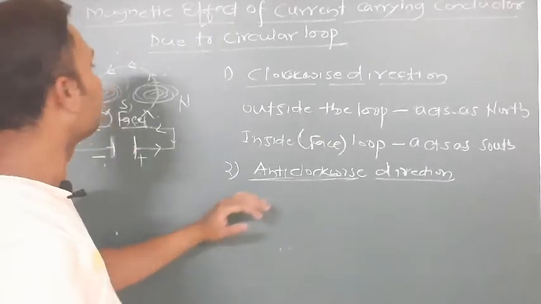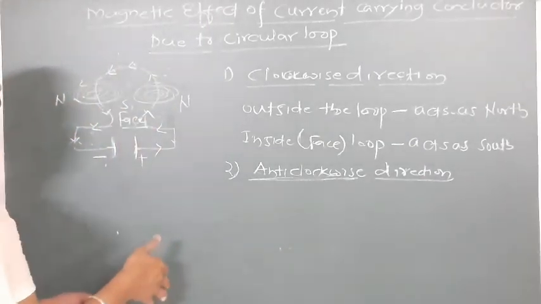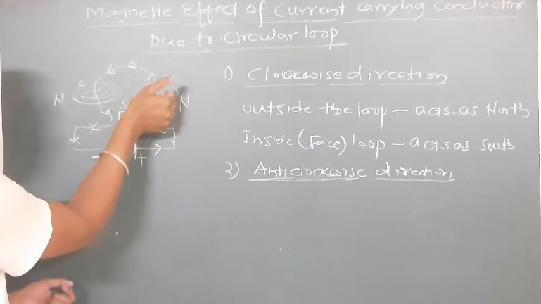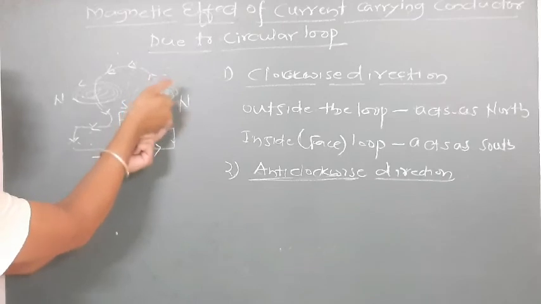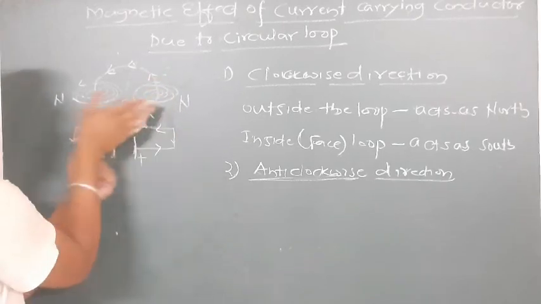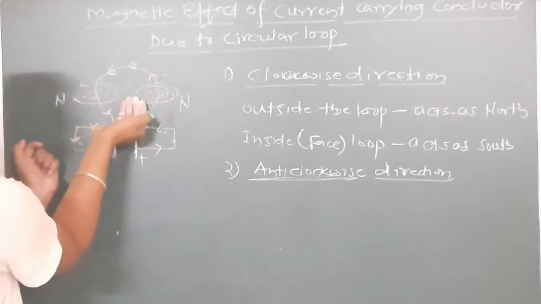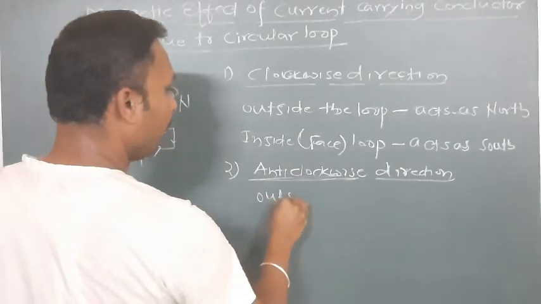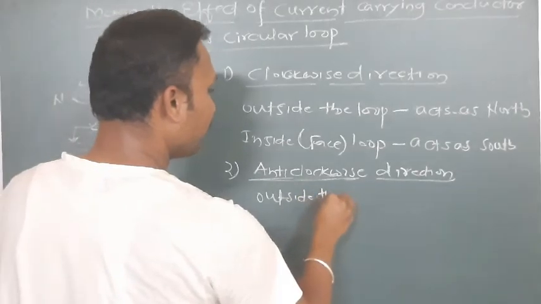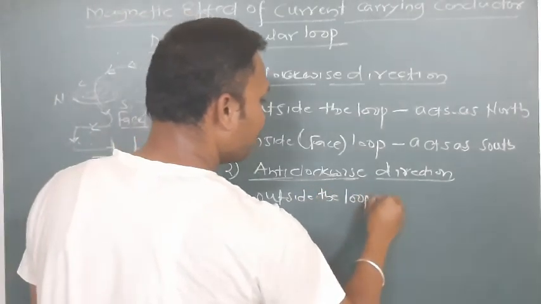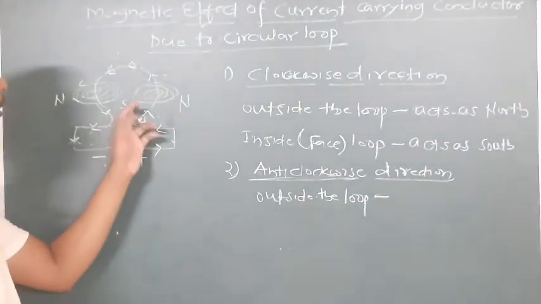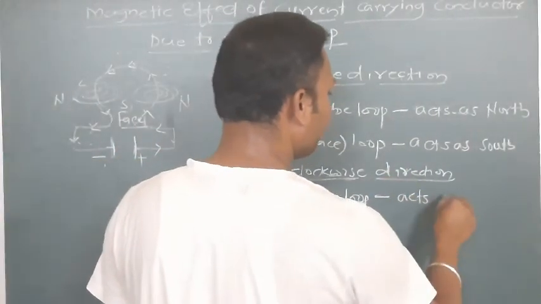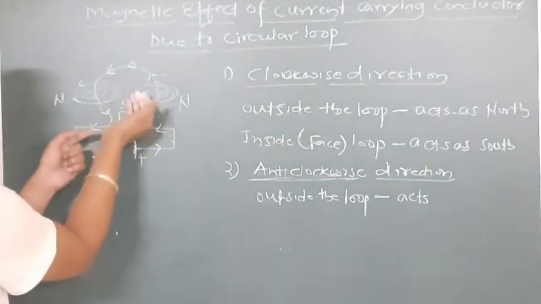Apply the thumb rule again here. The current is flowing like this, so we can apply it. Now you can see the fingers are going inside, coming from the south end going to the north end. So outside the loop, see, it is coming from here.